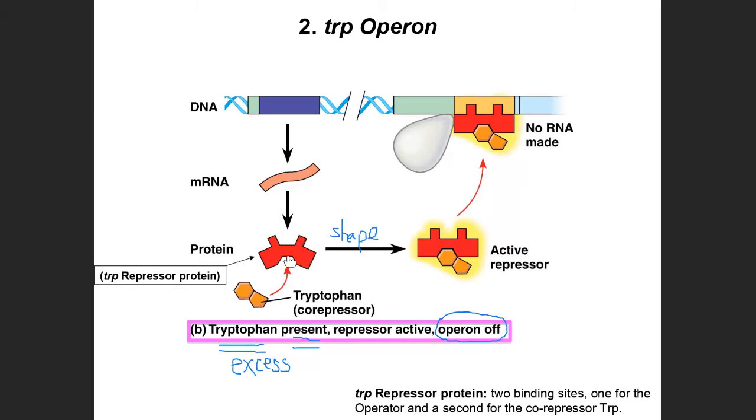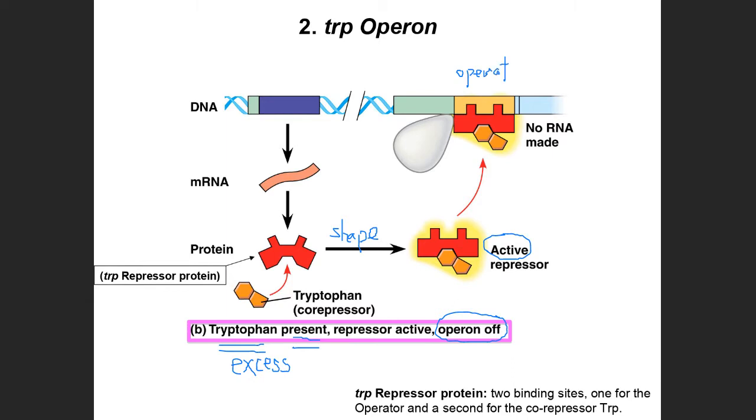So when tryptophan binds to one of the 2 binding sites on the repressor protein, the repressor protein will change its shape, becoming active. What do we mean by becoming active? Now the other binding site has a shape that complements the shape of the operator, thus allowing the repressor protein to bind to the operator.